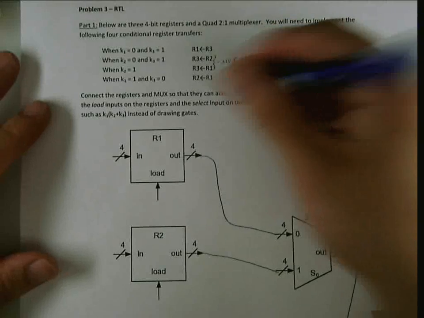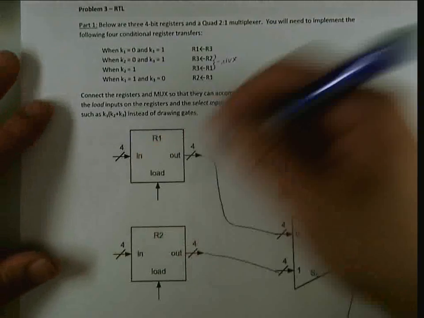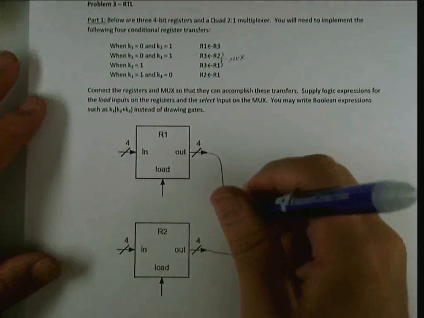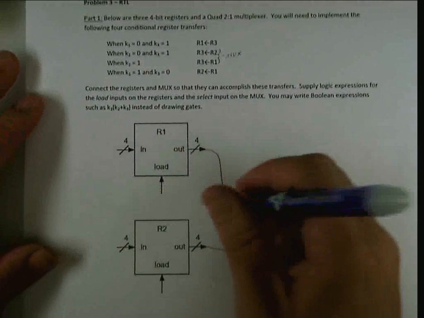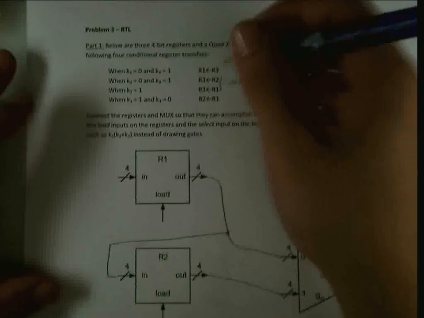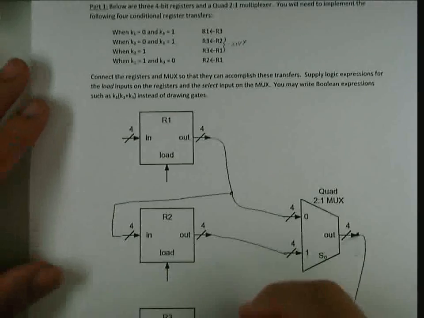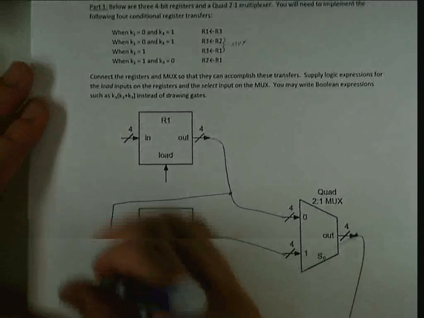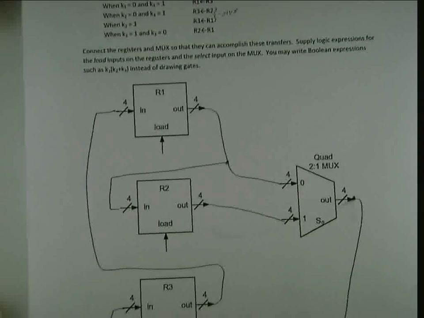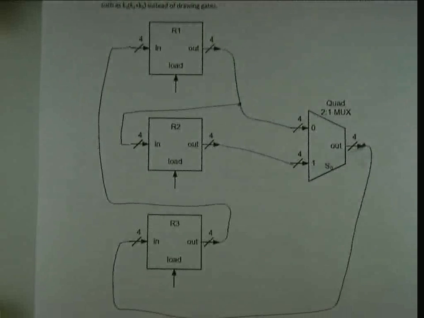One is to put R1 in through the mux. Or another equally viable option is just to put R1 directly into R2, because I don't have to compete for that. And same thing with R3 into R1. I'm not competing for an input into R1. And so that completes everything for that part.